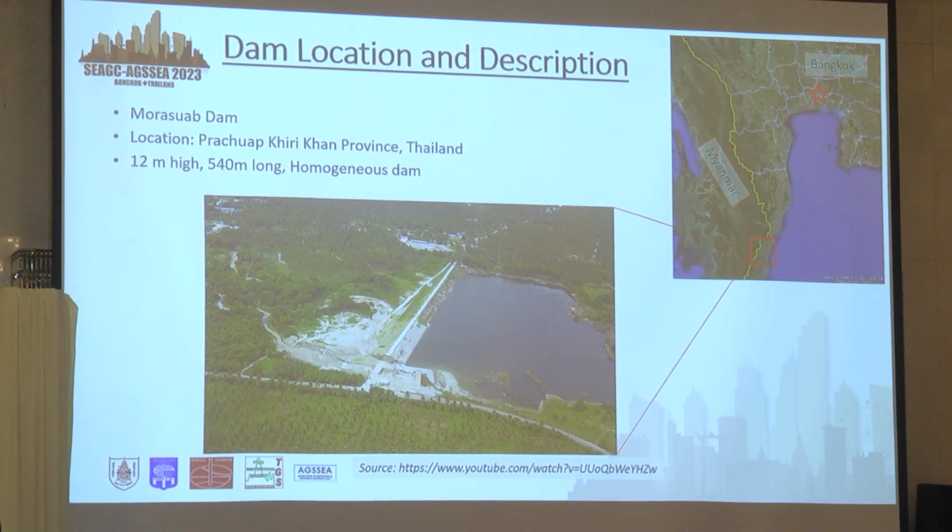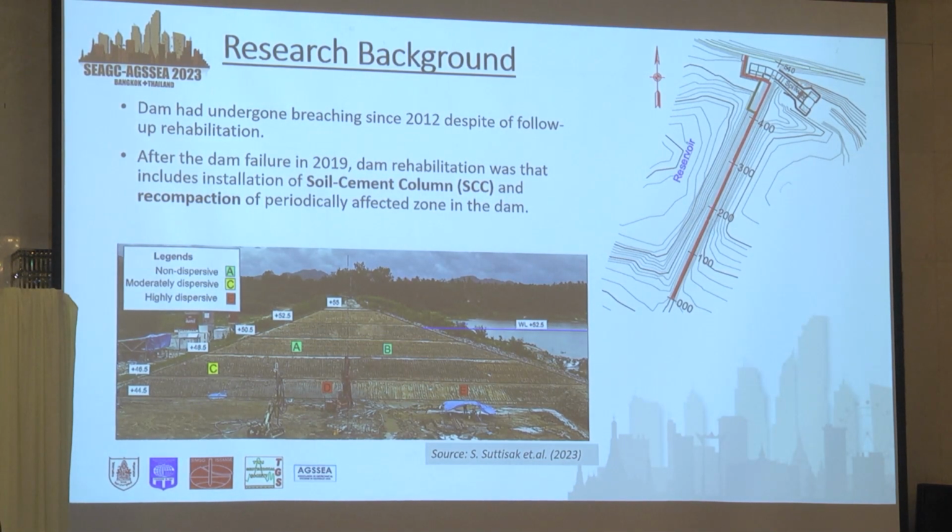The dam was constructed in 1995, and since 2012, the dam has undergone 4 failures. The most recent failure occurred in 2019. After the failure, the dam was rehabilitated with soil cement columns and recompaction in the affected area.